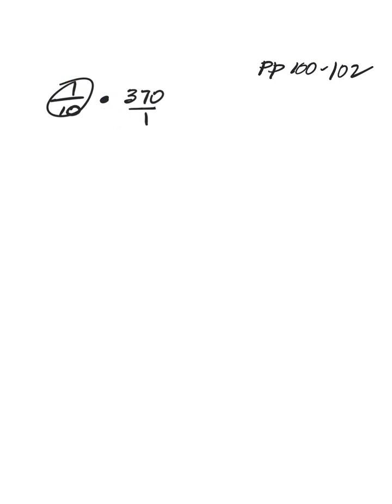So 1 times 370 is 370, and 1 times 10 is 10, and then you take your handy dandy calculator and divide that out, and you get 37. So that's how many items out of every 370 are inspected.